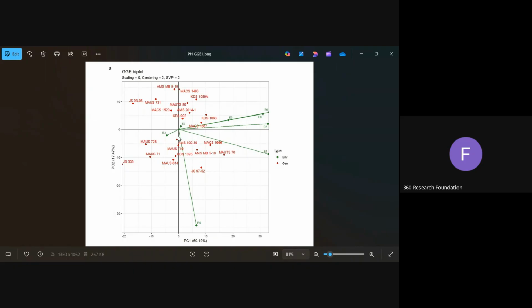If you see JS335, where is it located? Near to PC2, but just concentrate on the values written on the X and Y axis, and think what you can interpret with relation to JS335.